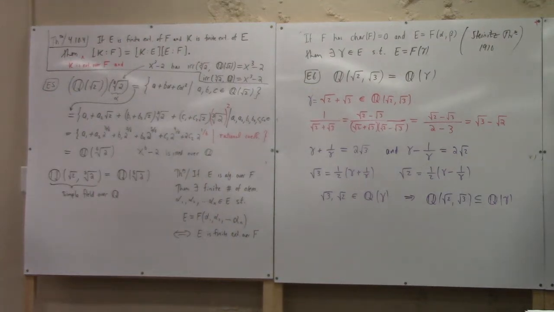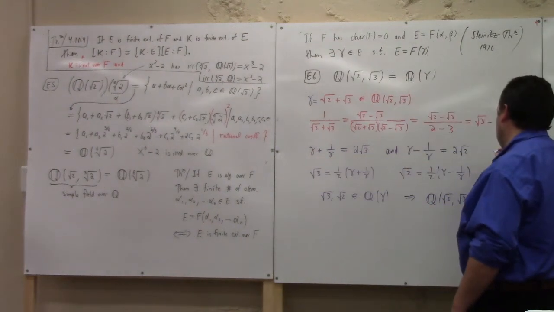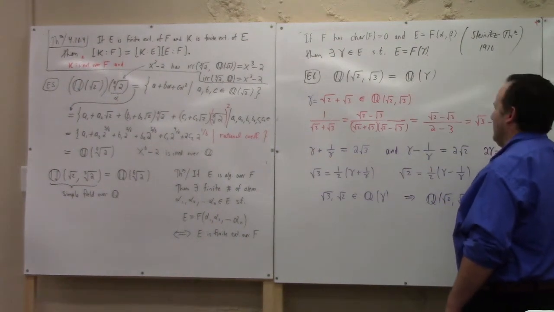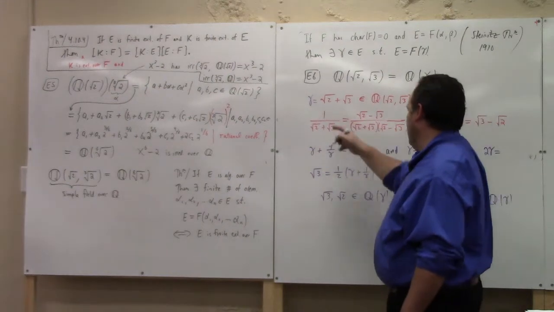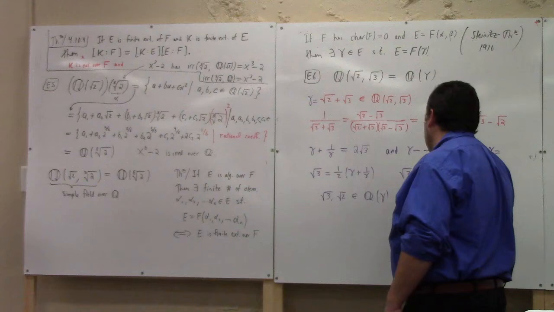Is the other subset obvious? Well, if I add these two equations, I get 2 gamma. Well, it's obvious, right? Look, gamma is an element of Q adjoin root 2, root 3, right?